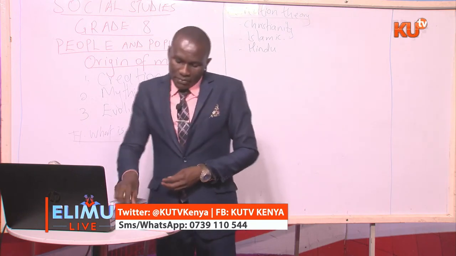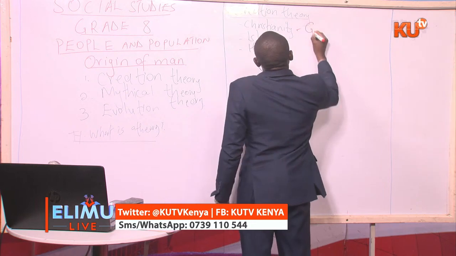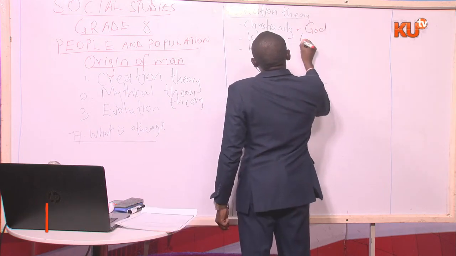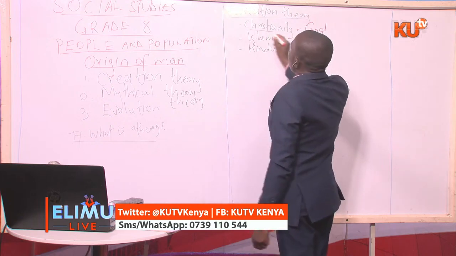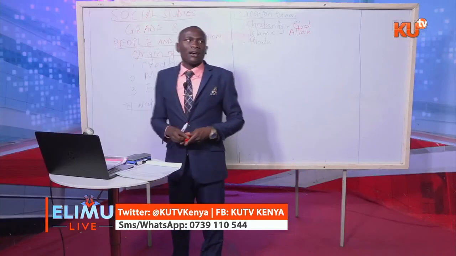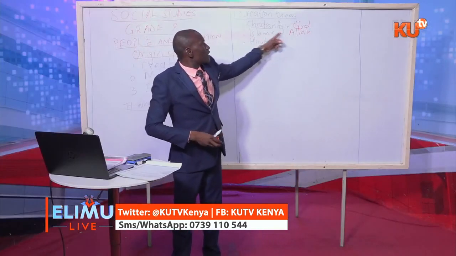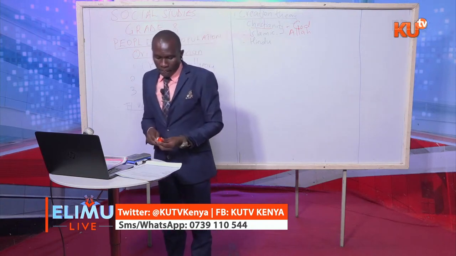Allah created everything. If you look at the differences, here we have God and here we have Allah. So Christians believe that God created everything, whereas the Muslims or Islamic, they believe that Allah created everything.